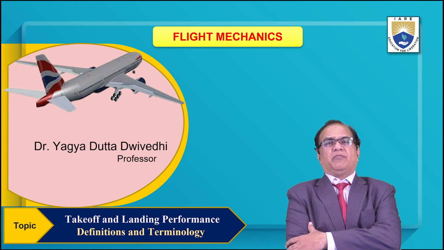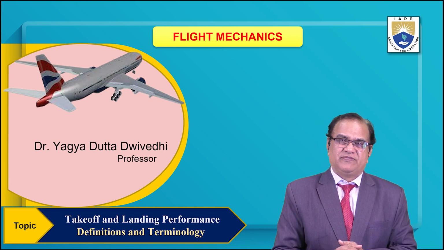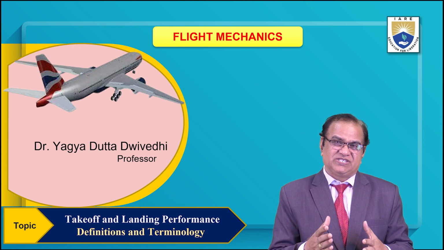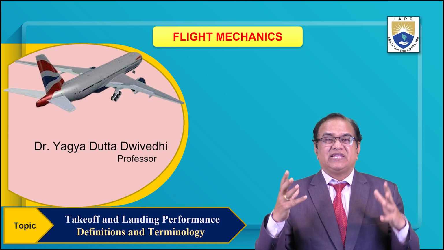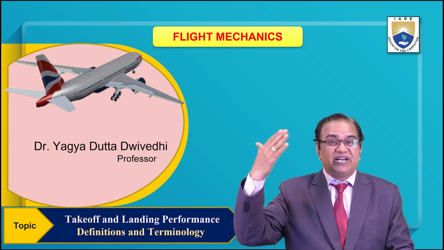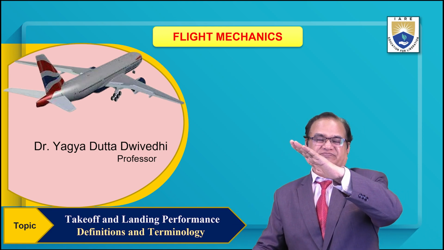If you talk about Module 3, we have done the climb performance, and we know that climb performance is the performance in which the aircraft is gaining altitude. Kinetic energy is converted to potential energy. Altitude is increasing like this.